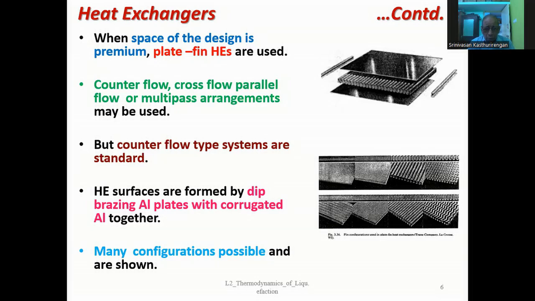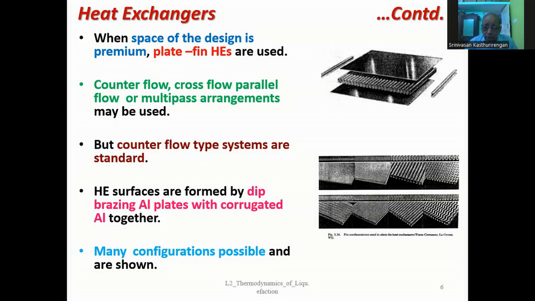The aluminum plate is corrugated, and you can see here the arrangement of the corrugation. For example, here you can see something like a zigzag formation of the aluminum, and this zigzag formation will be covered on the top, bottom, and on the sides by appropriate closure plates.